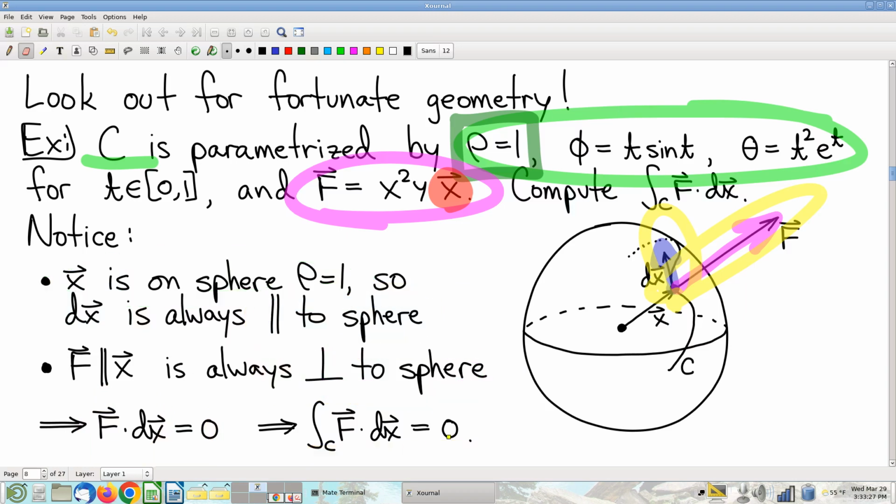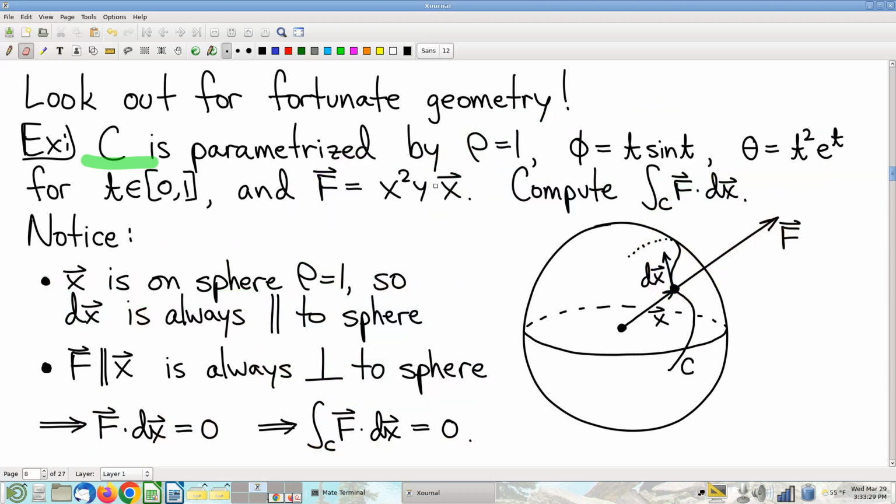So, how often does stuff like this happen? I mean, to be fair, this was a manufactured example. This didn't come naturally out of a real application. But honestly, this happens a pretty significant amount. Definitely enough that you want to be on the lookout for it. I was not taking data when I was an undergrad on how often this kind of thing came up, but just based on my memories, I feel pretty comfortable saying about 10%.